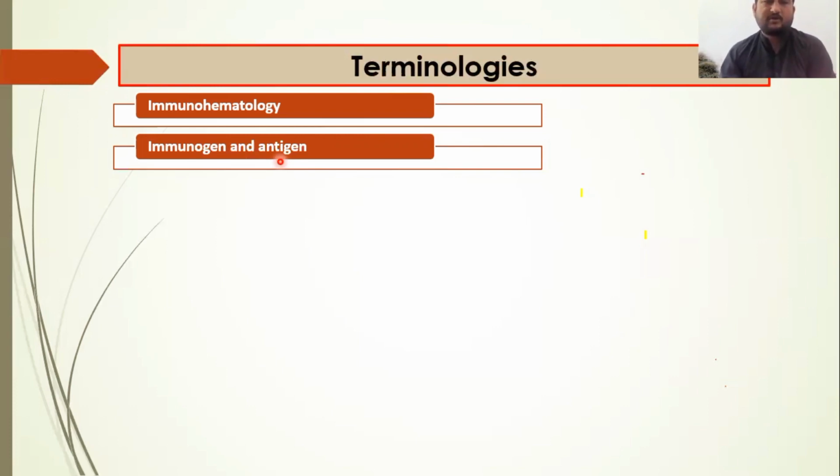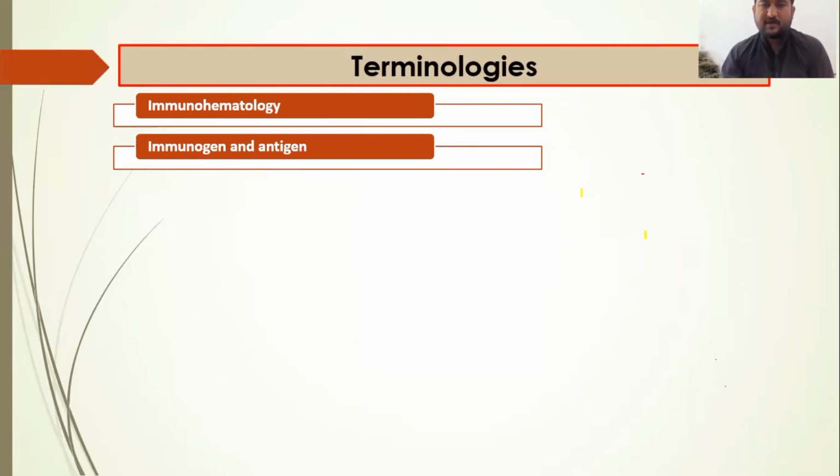So an immunogen is necessarily an antigen, but an antigen is not necessarily an immunogen. So that is the difference between immunogen and antigen.